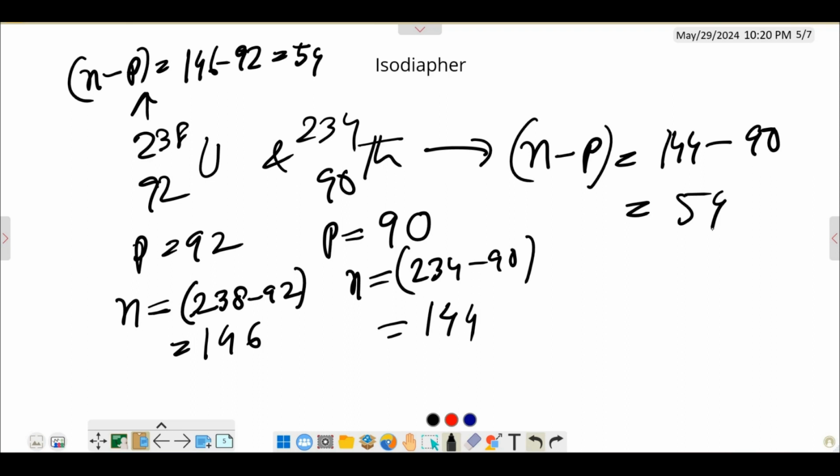So the difference between the number of neutrons and protons is the same in uranium-238 and thorium-234. Both are 54. Therefore these are called isodiaphers to each other. So isodiaphers are atoms where the difference in the number of neutrons and protons is the same.